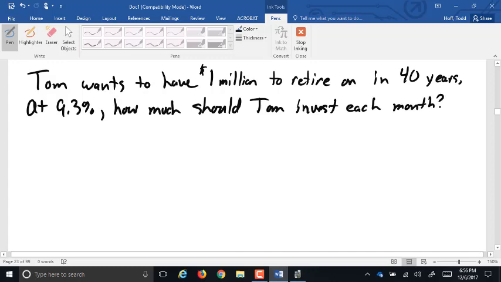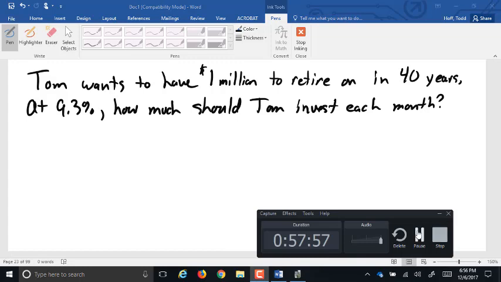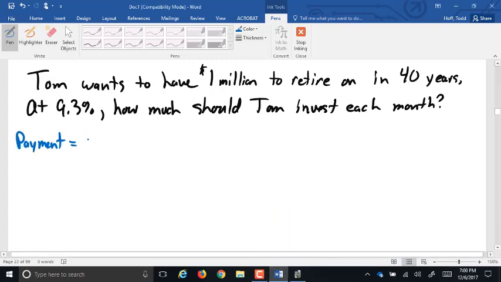I'm going to give you guys a few minutes to see what you come up with for that one. So the payment starts out with $1 million divided by 1 plus 0.093 divided by 12. That's what I got. It didn't work. But let's compare.